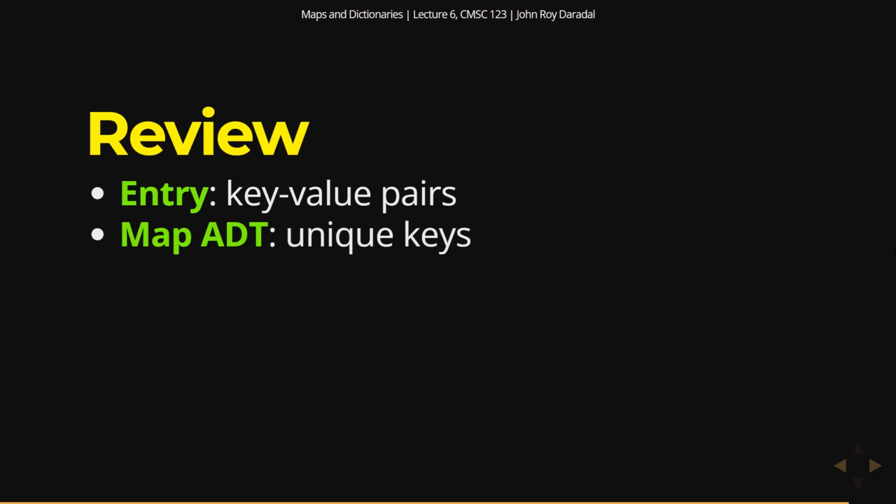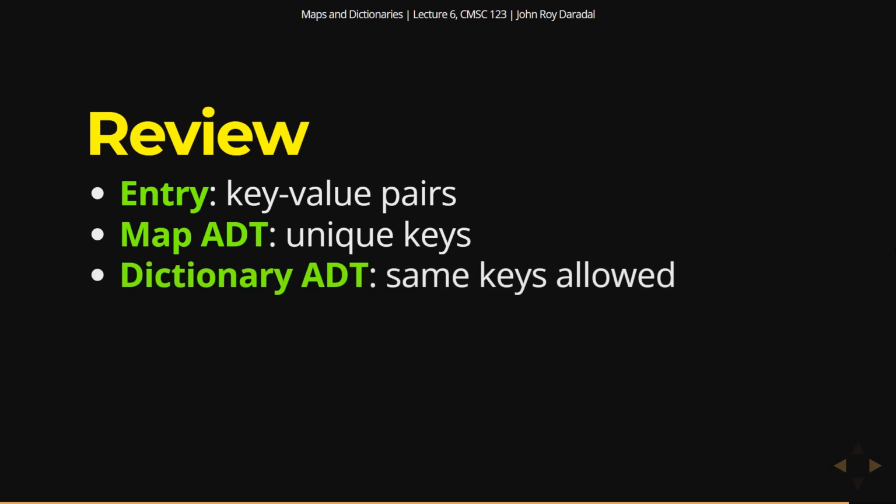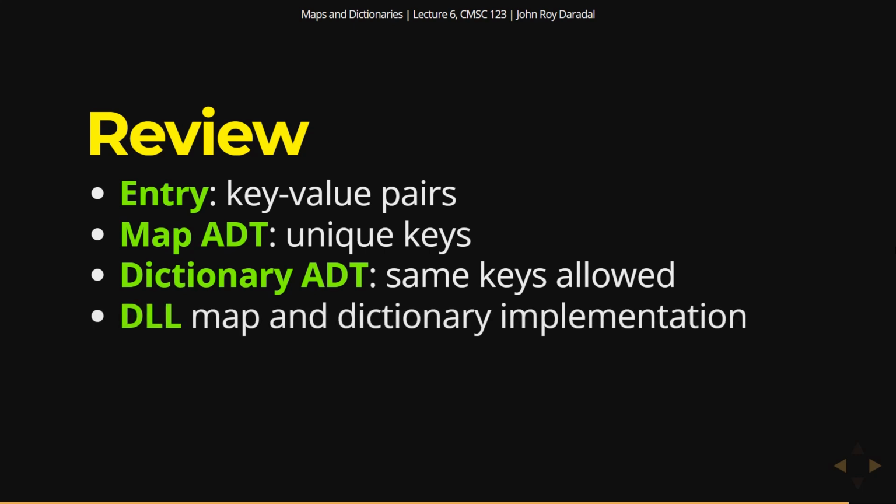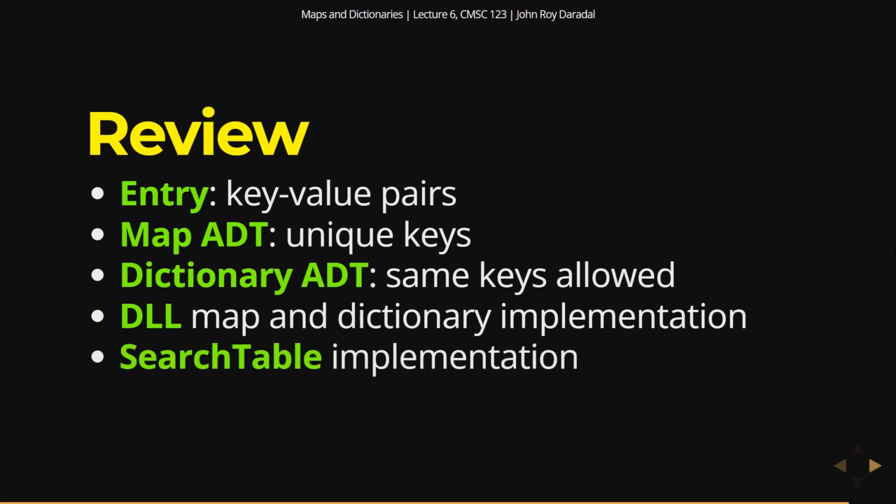Okay, for the map ADT, we need to ensure that the keys are unique, but for the dictionary ADT, you can allow the same keys for multiple entries. Okay, so both of them use entries, and then they have different methods for searching, insertion, and deletion of entries. And then we also talked about the implementation of the map and dictionary using DLL and the search table implementation.